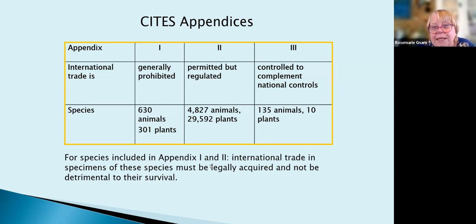Appendix 2, though, is the meat of CITES. This is where basically you regulate the trade. This is where most of the animals and plants in CITES are, in fact, in Appendix 2. And the thought is, if you regulate the trade in Appendix 2 species and make robust legal acquisition and non-detriment findings, you will basically prevent that species from meeting the criteria for Appendix 1 if trade is really the threat.